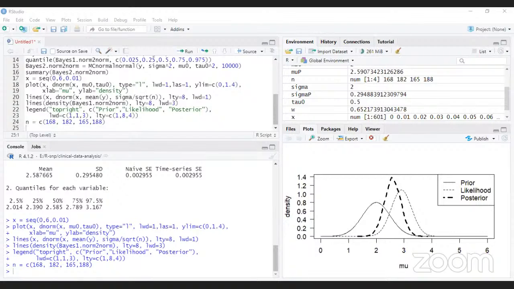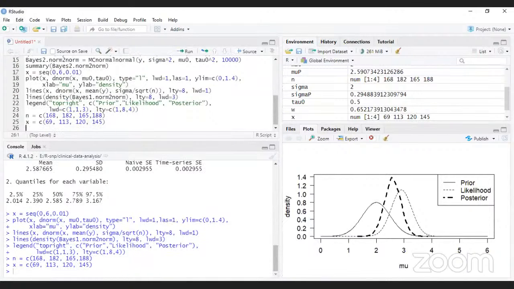So initial data was for the patients. Now this data is for the number healed. So patient data was initial, that is the n. X is for the number healed. So check out the observed proportion now.